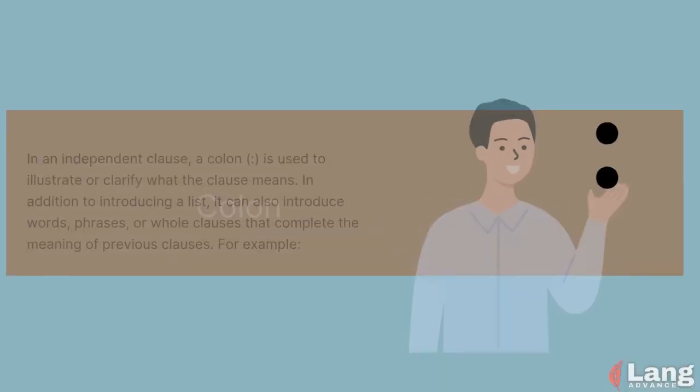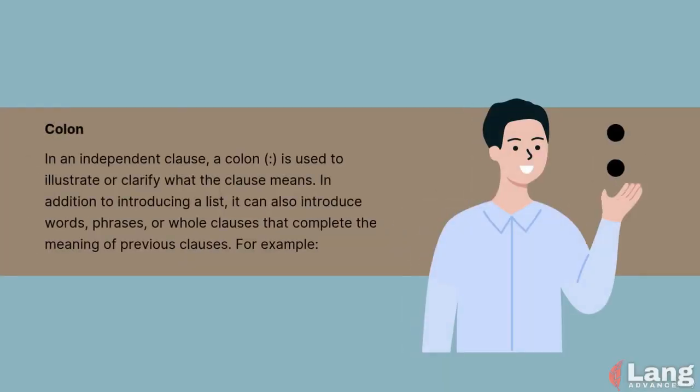Colon. In an independent clause, a colon is used to illustrate or clarify what the clause means. In addition to introducing a list, it can also introduce words, phrases, or whole clauses that complete the meaning of the previous clause.